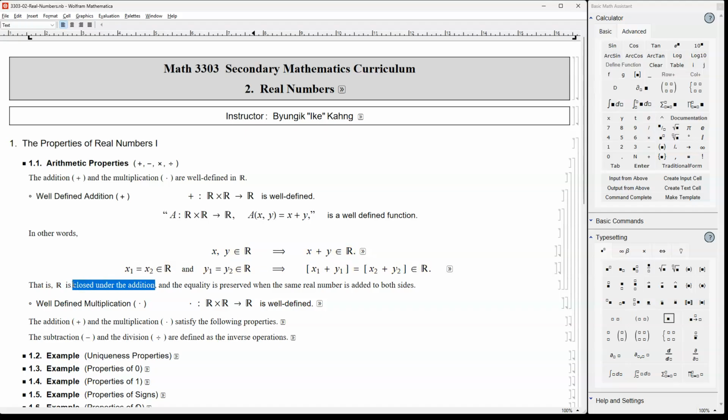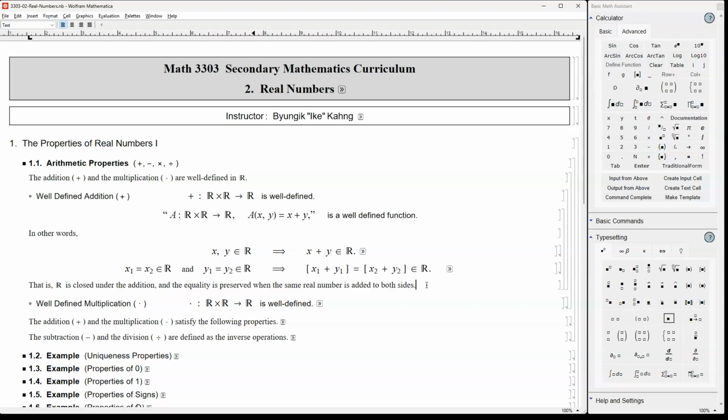Closed under the addition, and then the equality is preserved when we add the same real number to both left-hand side and right-hand side. You see, y1 and y2 are the same, right? Adding these two. In a special case, I can simply add y1 and then y1 there as well. So I can add the same real number to both left-hand side and right-hand side of the equality.